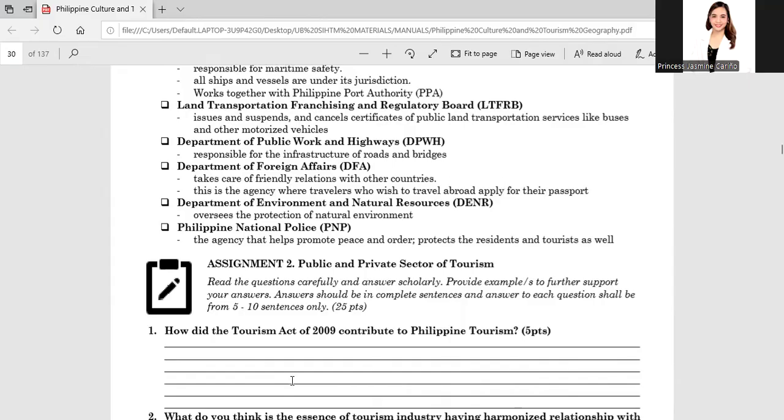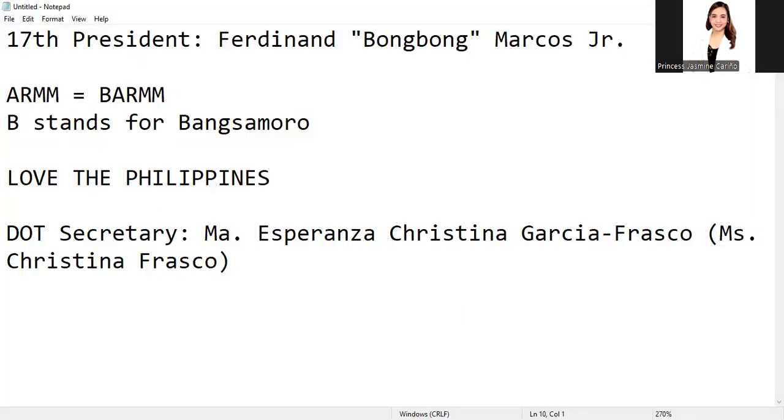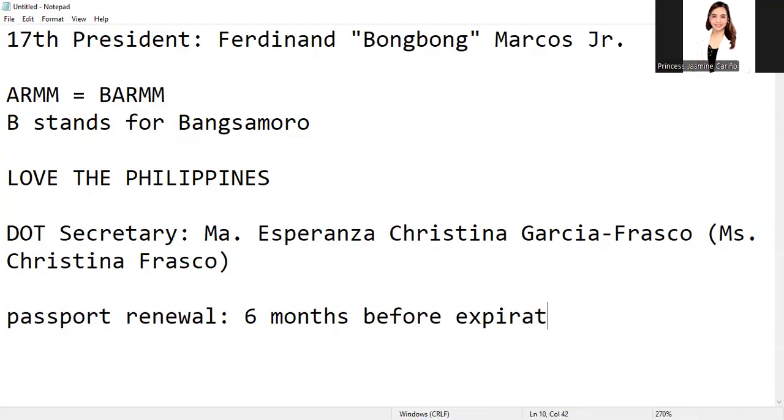Just to share with you, class, you should renew your passport 6 months before expiration. There are instances, class, that when you go out of the country, even if your flight is today and you're returning tomorrow, if they see that your passport is expiring within 6 months, they might not let you go out of the country.